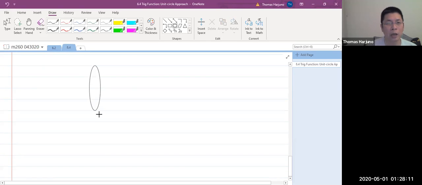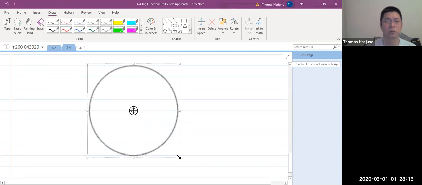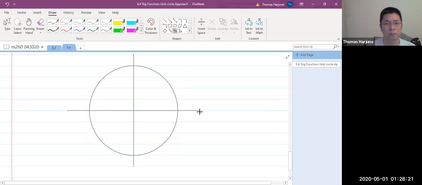Let's say I have a unit circle. This is 1, 0. This is 0, 1, right?